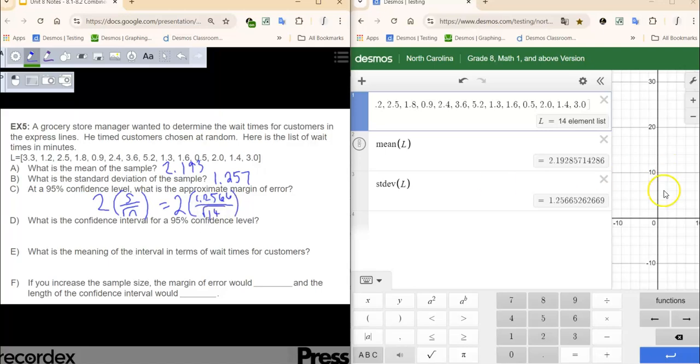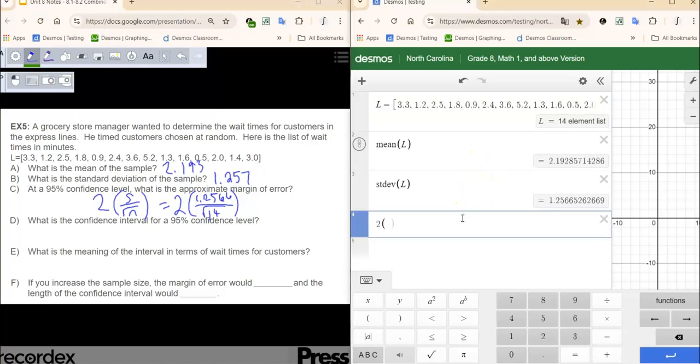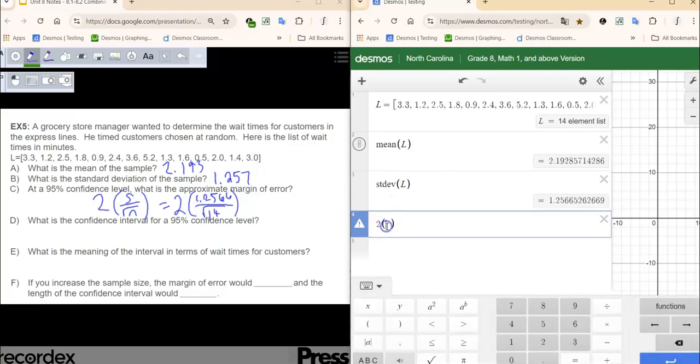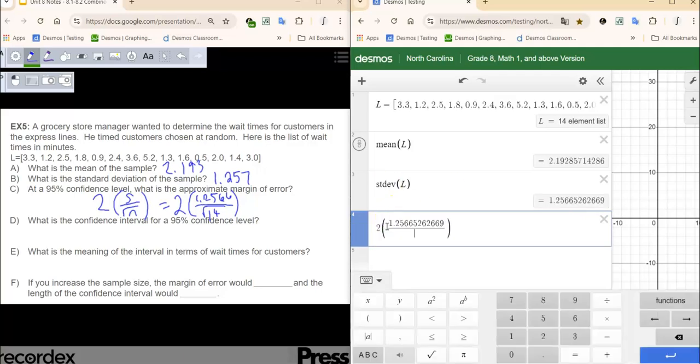So if I type that over here into Desmos, I've got 2 times this number right here, divided by the square root of 14, and I'm going to get 0.672.